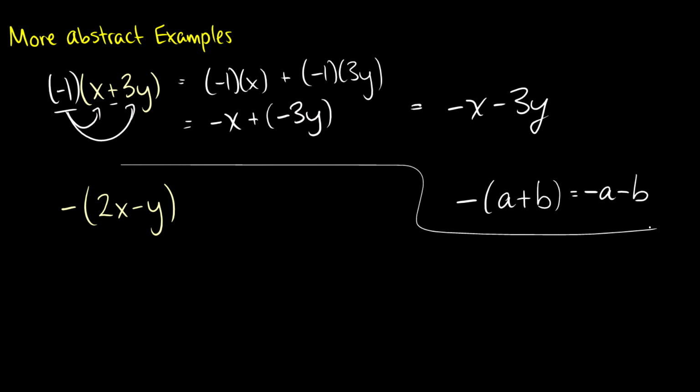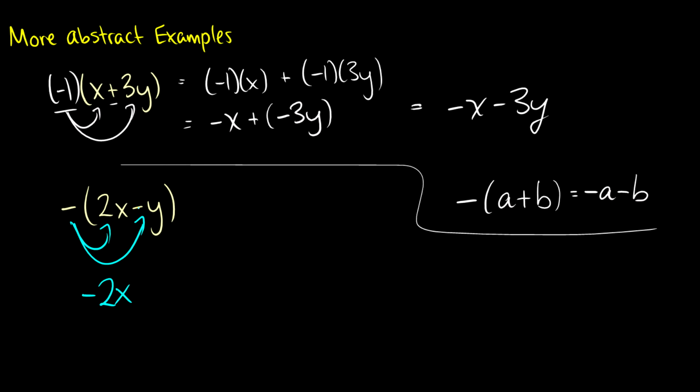Okay, what about if we have negative (2x minus y)? Well, in this example, we're going to distribute the negative to the 2x, and we're going to distribute the negative to the minus y. So what's negative times 2x? Well, that's going to be negative 2x. Now, what's negative 1 times negative y?